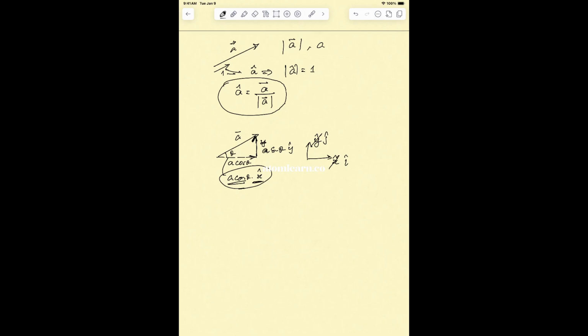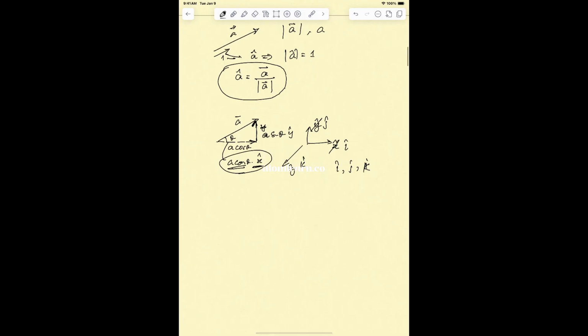You can keep them apart. So they decided to name the unit vector along the x direction as i cap, along the y direction as j cap, and if you have the z coordinate also, it is k cap. Therefore i cap, j cap, k cap denote unit vectors along the x, y, and z directions respectively.